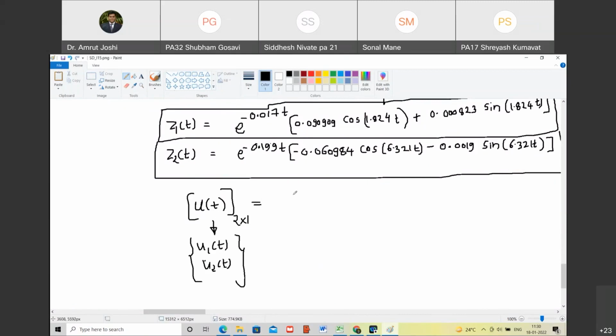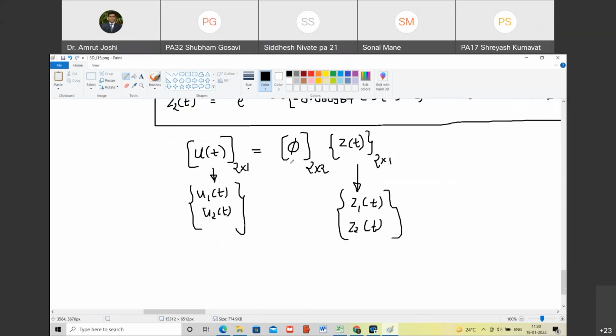This is equal to phi, which is a transformation matrix. This is the transformation that we applied, and that is a 2 cross 2 matrix. Are you with me? Yes, sir. This is multiplied by z of t. This is also a 2 cross 1 matrix, and it looks like z1 of t and z2 of t. Happy?